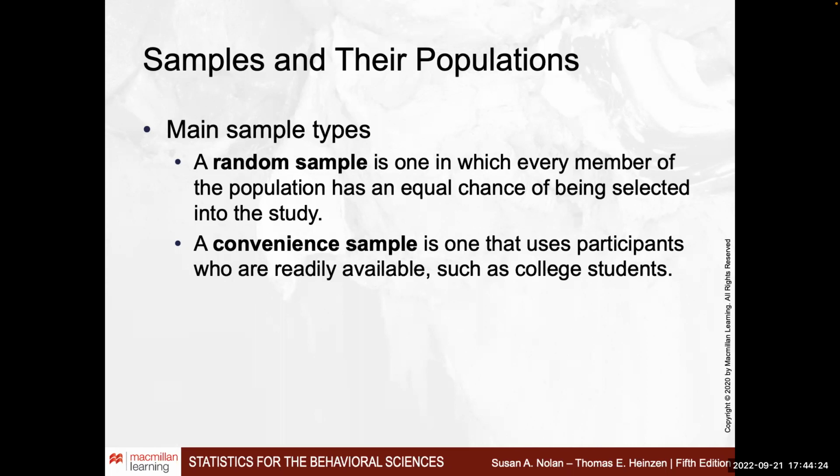A random sample means that you have an overall population and you take from all ends of this normal distribution curve, taking equally from each level of blood pressure, cholesterol, whatever you want to sample, so that overall the distribution of your sample is identical to the distribution of the population.